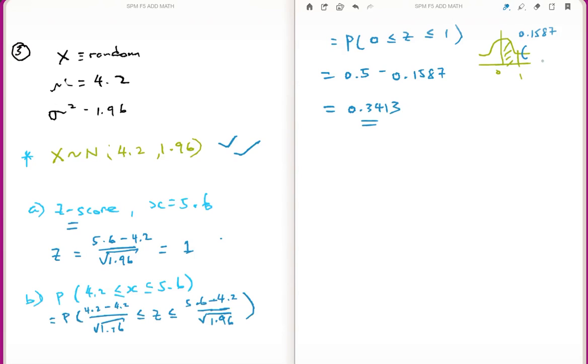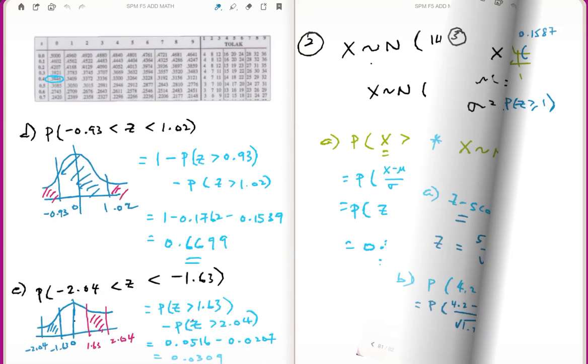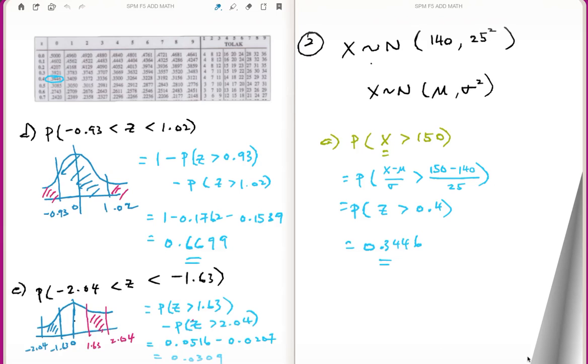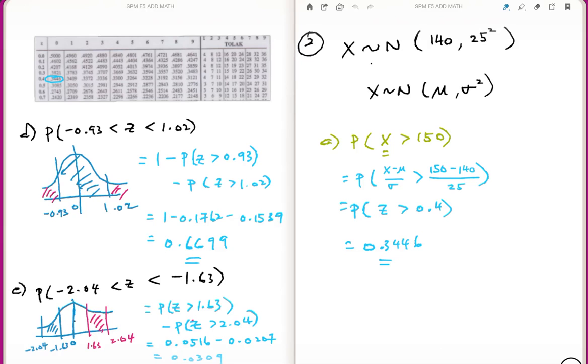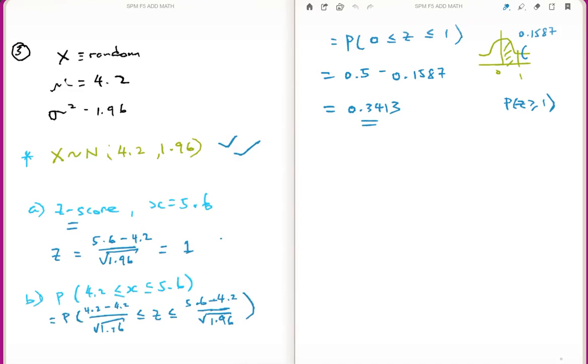You find this area under the curve, which is easily P of Z more than 1. Is it in my logbook? No, it doesn't include 1. You may have your own logbook and look for this. This is simple because it's at 0, that's why it's 0.5.